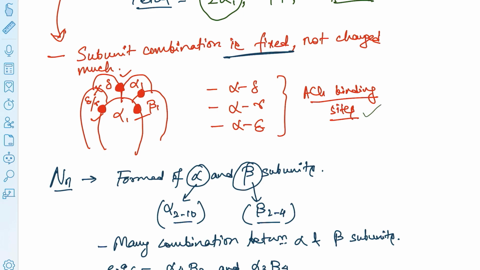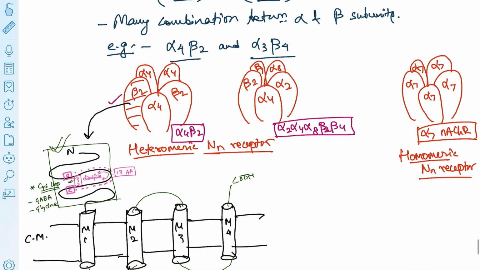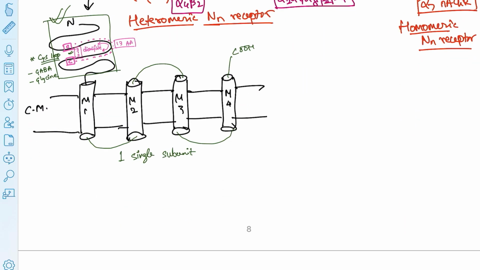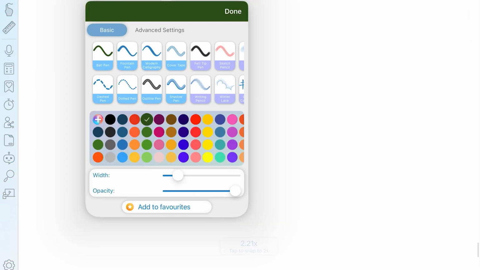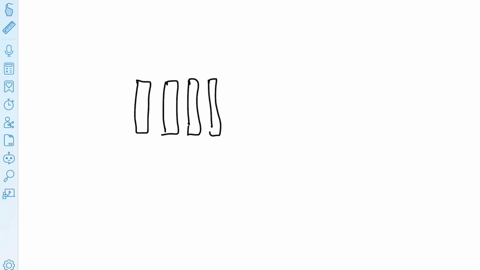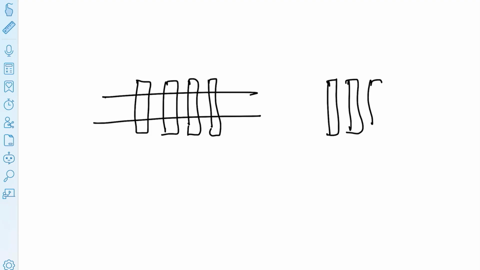It could be alpha delta or alpha gamma or alpha epsilon region. So what happens is, suppose we draw this single subunit structure two times. Okay, so this is one subunit, and this is another subunit.